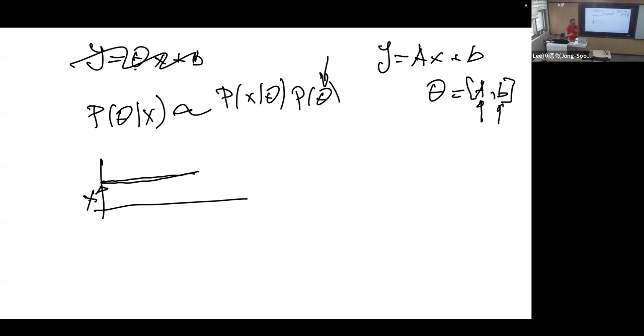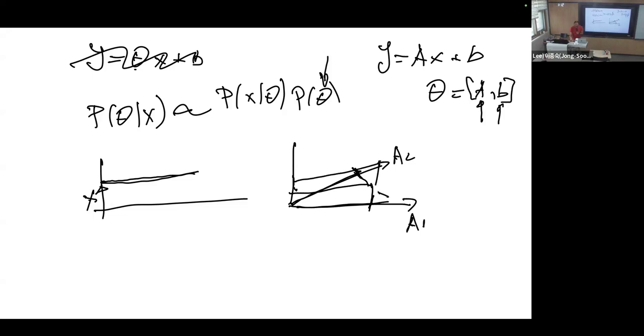But then if I have two parameters, then I have to draw it in 3D. So this is parameter A1, A2, and they can range here and here, and there is like a rectangular piece. But the height here is x squared. Why? Because of the probability, let me show it better.